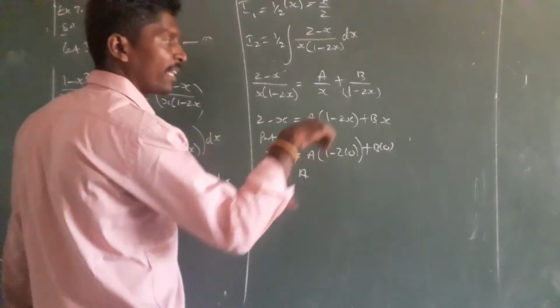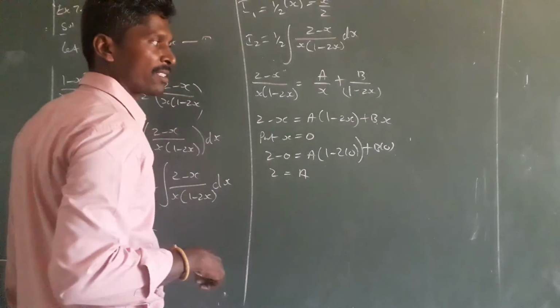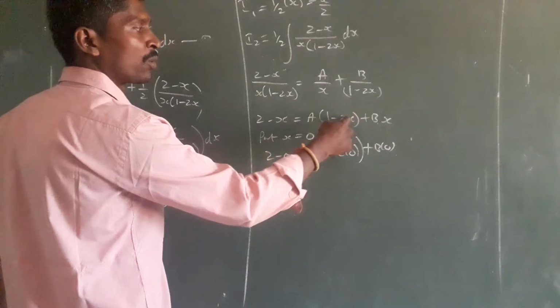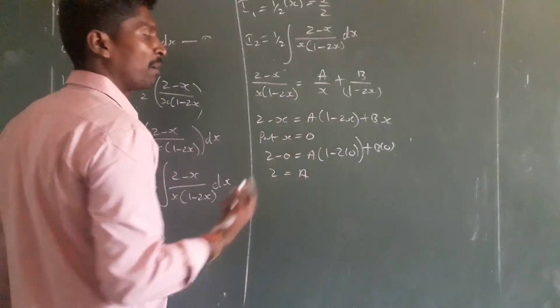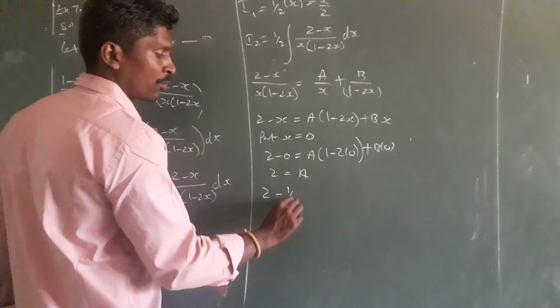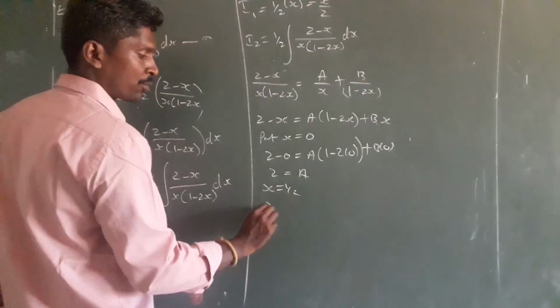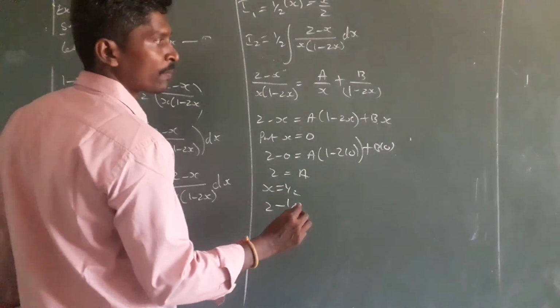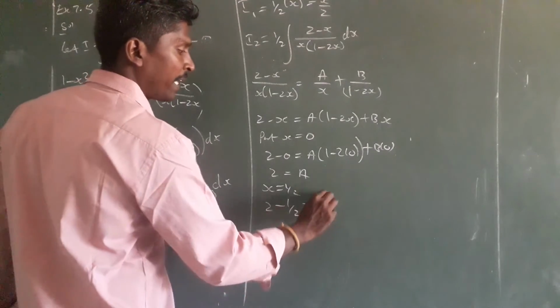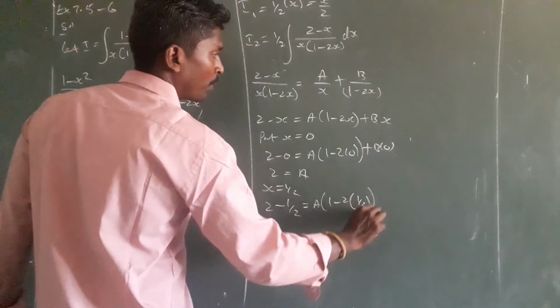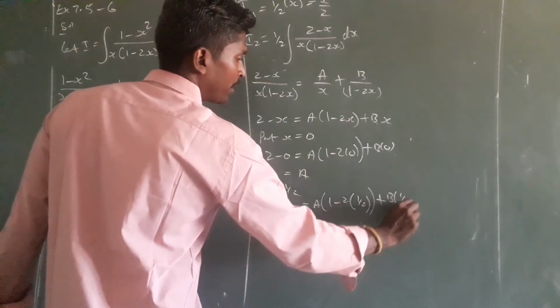Now you want to find the b value, then make the a term 0. What is possible? Inside I substitute 1 by 2, so 2 cancels with 1 and the a term automatically becomes 0. Put x equal to 1 by 2. So 2 minus 1 by 2 equal to a into (1 minus 2 into 1 by 2) plus b into 1 by 2.